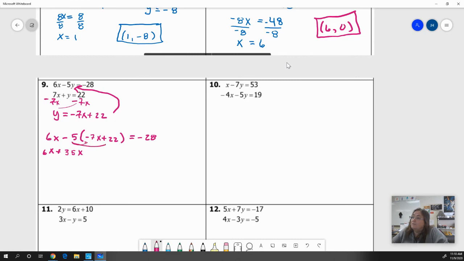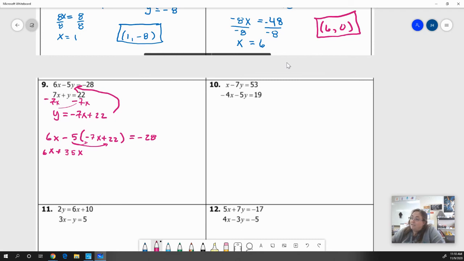Now I'm going to distribute here, and I've got 5 times 22. Oh my God, these numbers are high. I don't know what 5 times 22 is. I should. 5 times 20 would be 100. This is probably 110, but let's use the calculator just to check. I was right.